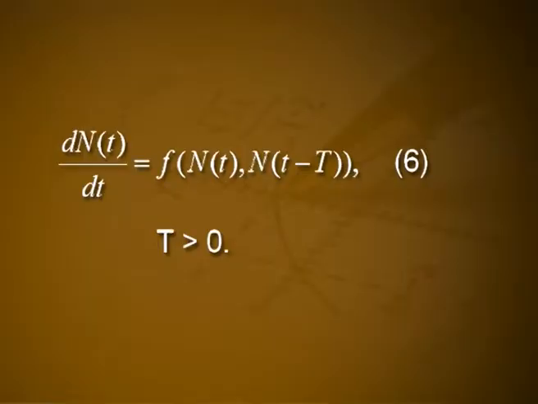We can incorporate such delays by considering delay differential equation models of the form dN(t)/dt equal to f of N(t) and N(t minus T), where capital T is greater than 0, the delay, is a parameter. The dependency on N of t minus T on the right hand side of equation 6 accounts for the birth rate at time t being influenced by the number of individuals at time t minus T, where capital T is the gestation period.